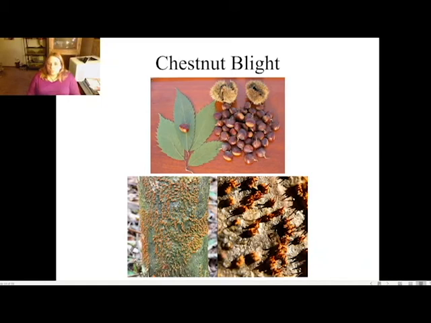It quickly spread across the entire range of the American chestnut, and in the 20th century, it killed an estimated 4 billion trees. It's estimated that in some places, like the Appalachian Mountains, the American chestnut was one of the most dominant trees.